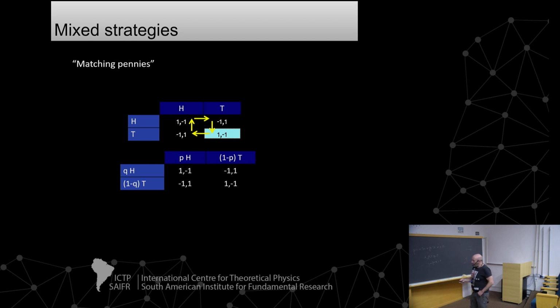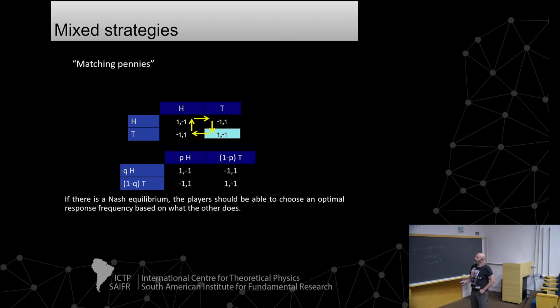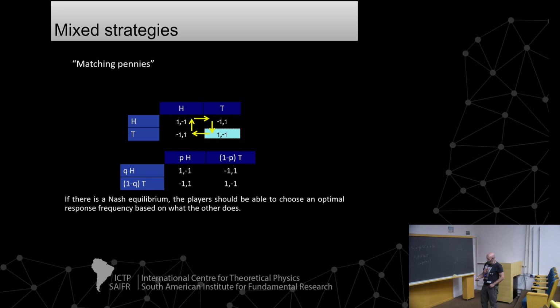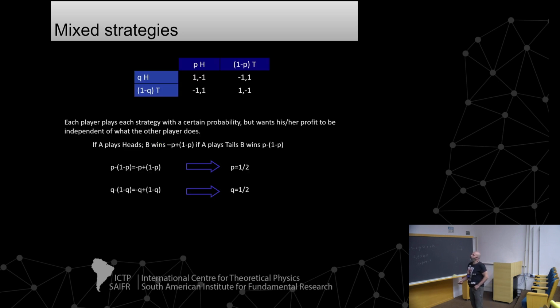Okay? So in this case, if there is a Nash equilibrium, the players should be able to choose an optimal frequency, an optimal probability here, based on what the other individual does. So suppose that we have this situation.